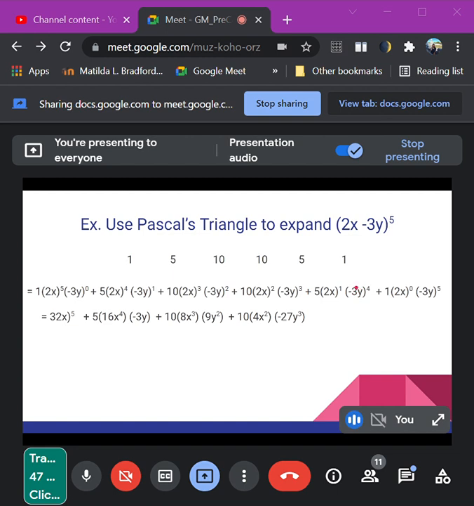Then, for our next one, kani siya as is ra, and then negative 3 raised to the power of 4, pila siya, class? 3 times 3 times 3 times 3.